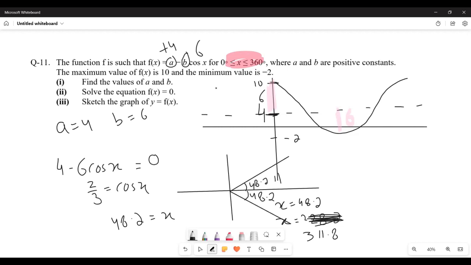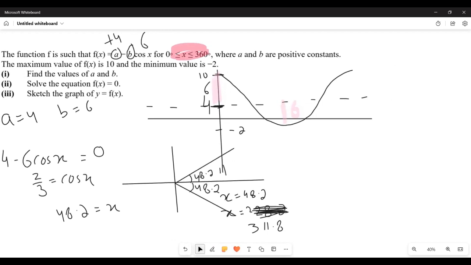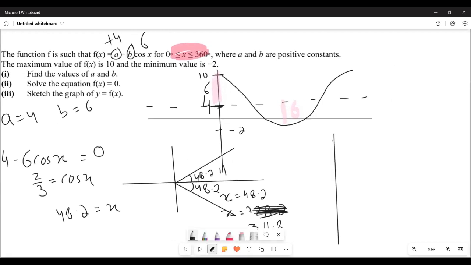Part 3. Sketch the graph. So to sketch the graph, I know the central value 4. 4 is here. Then I know that the graph goes till 10, and minus 2.